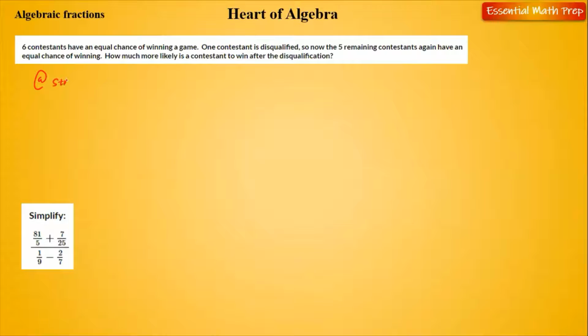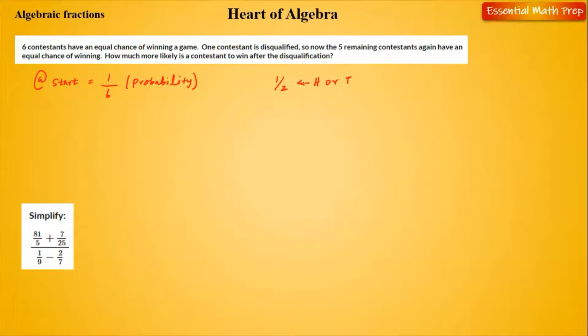So at start, it's 1/6, right? That's the probability of one of the 6 candidates winning the game. Think about it. You have a coin, heads or tails. What are the odds of getting a head? It's 1/2 because it's head or tail, and both of them have an equal probability.